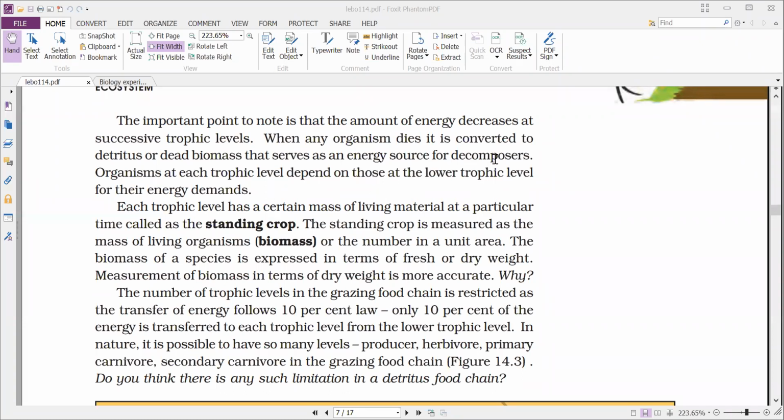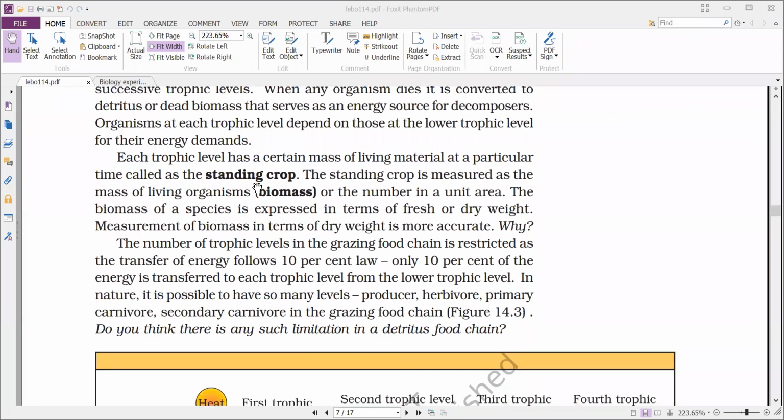So when any organism dies, whichever trophic level it belongs to, it forms the detritus and undergoes decomposition by the decomposers. Organisms at each trophic level depend on those at the lower trophic level for their energy demands.